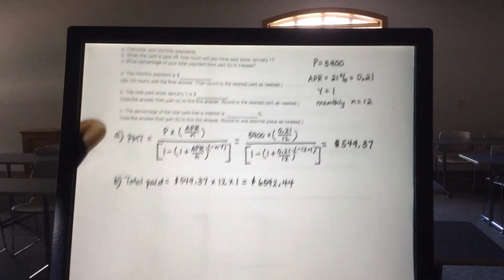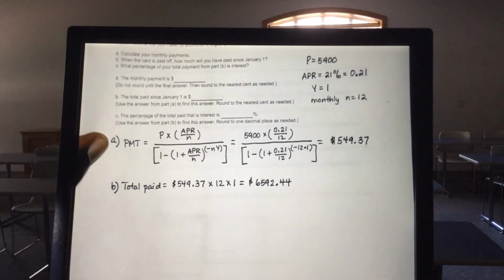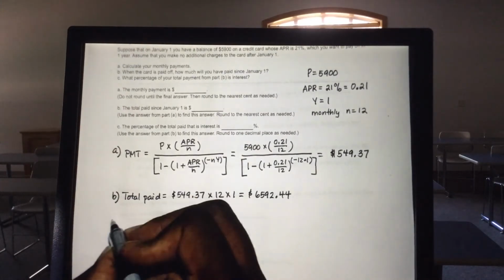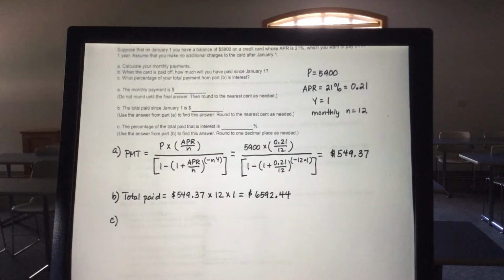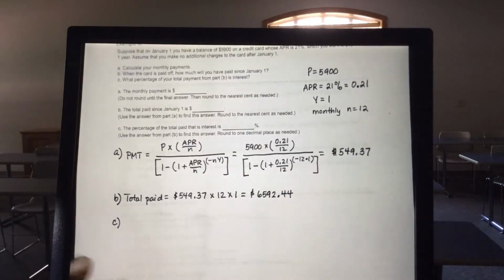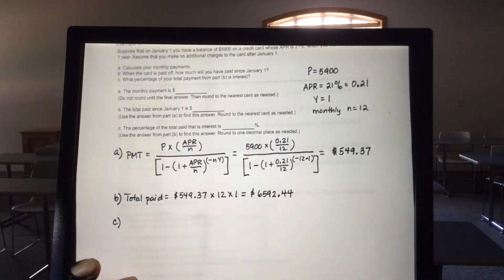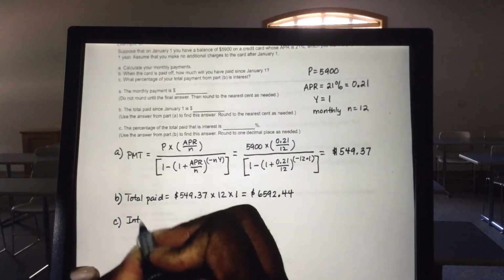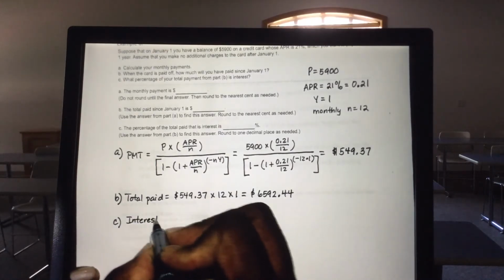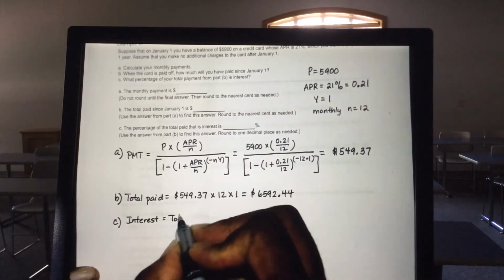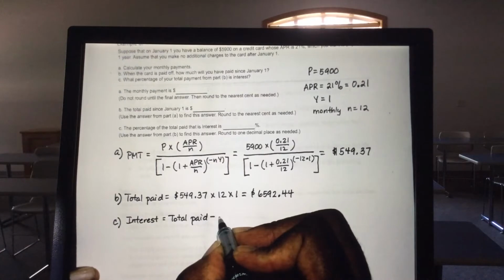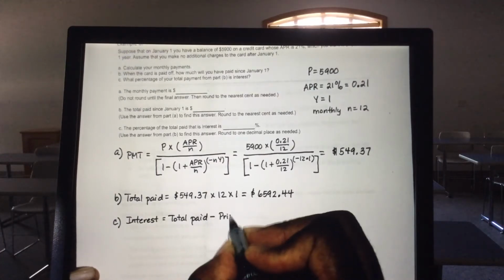Okay, now part C is the percentage of the total paid that is going towards interest. All right, let's find out how much interest we're going to pay in that 1 year period. That's just doing the total amount that's paid minus the principal.